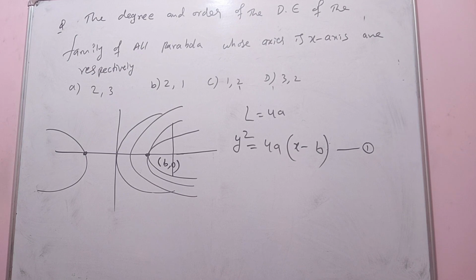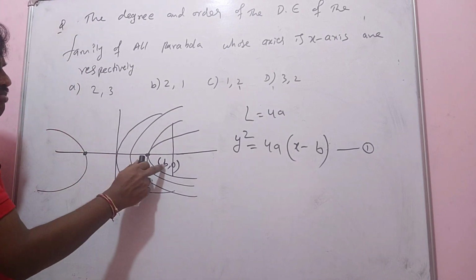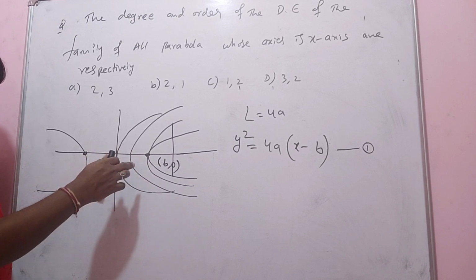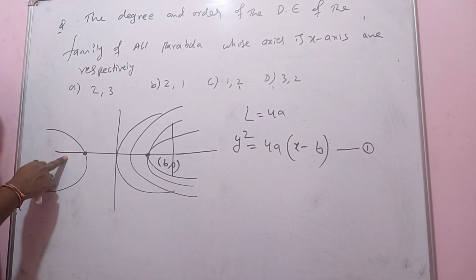So here we have y square equal to 4a(x minus b). Here a and b are two arbitrary constants, so you have to differentiate two times. This b is an arbitrary constant. This b can be 0, 2, 3, or anything, minus 3, minus 2, minus 4.